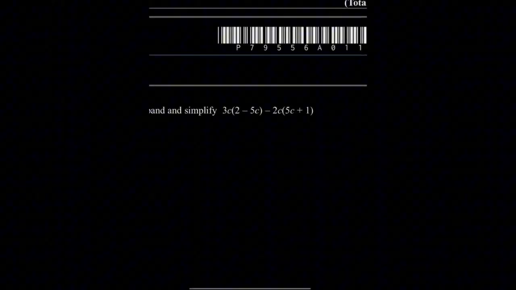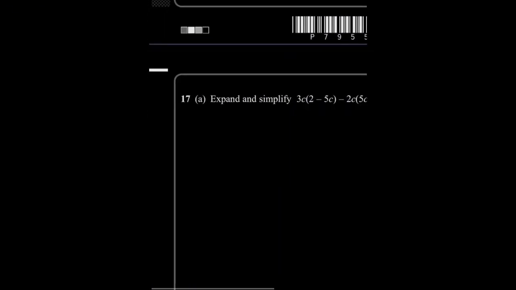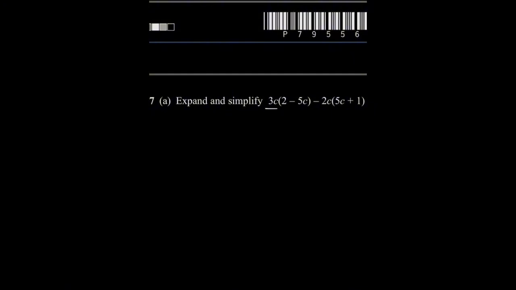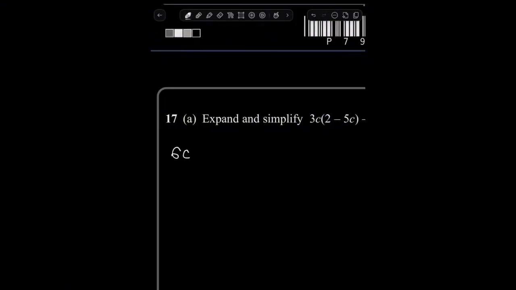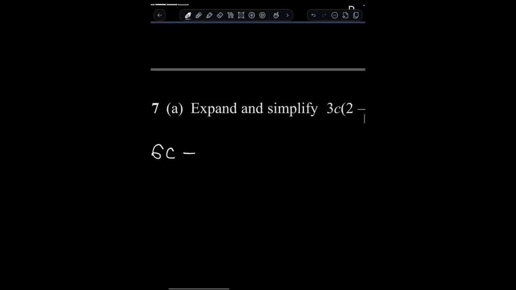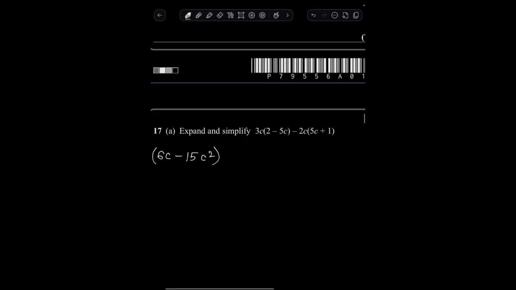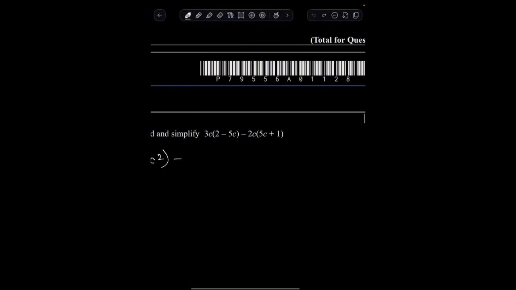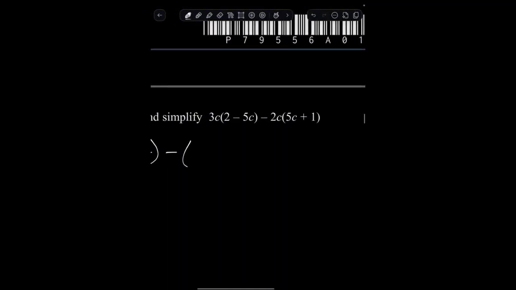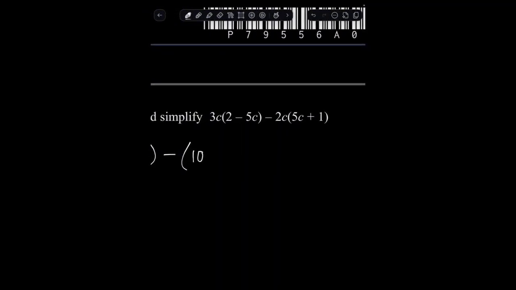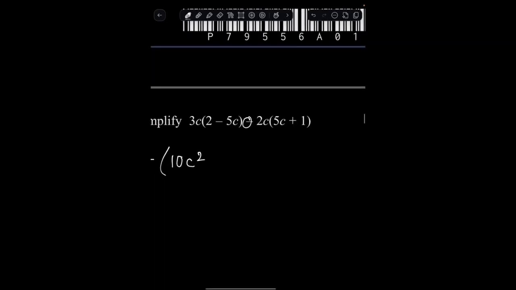Expand and simplify this. So to do that, multiply this first. So 3c times 2 is 6c minus 3c times 5c gives us 15c squared. Now let's write this in a bracket, then minus, let's solve this now. 2c times 5c gives us 10c squared. Since we're ignoring the minus here, let's pretend it's not here.